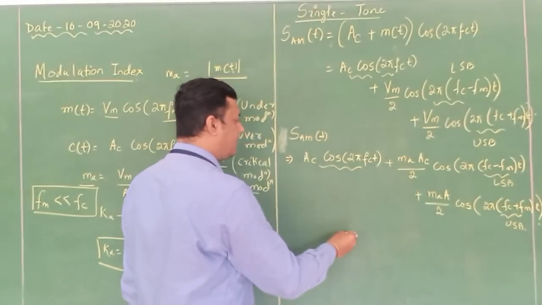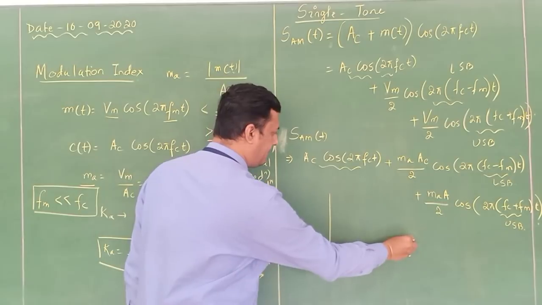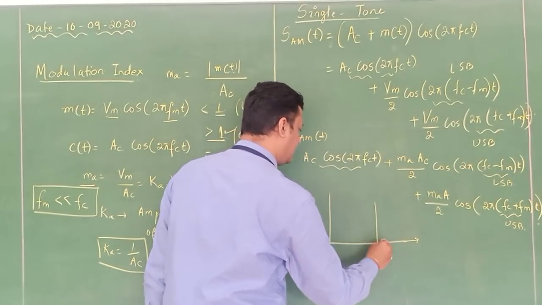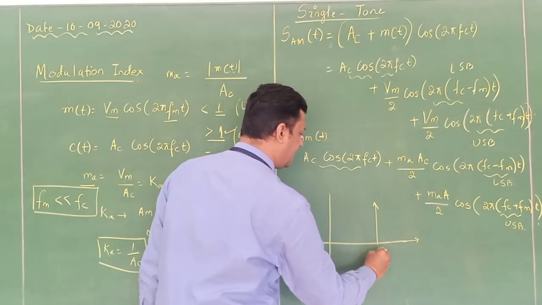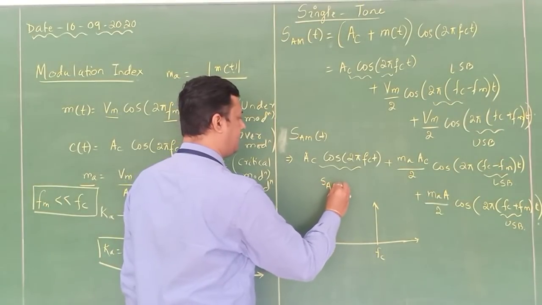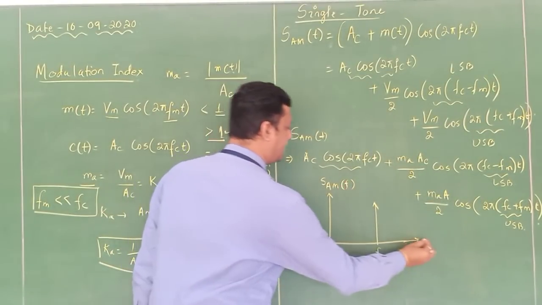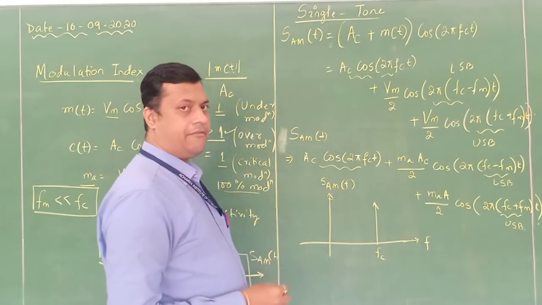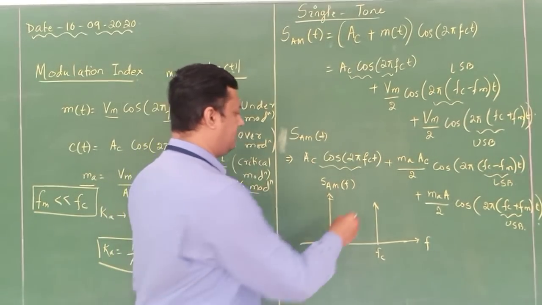Now how will I represent it in the frequency spectrum? Very simple. First, this is the center frequency, that is Fc. This is S_AM of f, and this is your f. This is the amplitude. So what is the amplitude available in this spectrum?